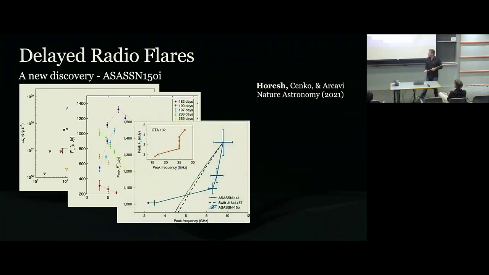Also, it was already mentioned that it had X-ray emission that is slowly increasing. That was in a paper by Sule and Yair. I'll show you that in a second. But we tried to find some explanations or something similar to what is observed here, and we found that this behavior of the peak flux and frequency in the radio is similar to what is seen in some blazar flares.